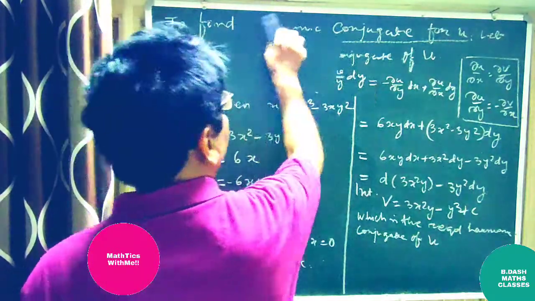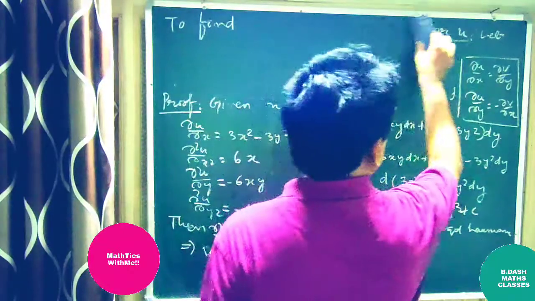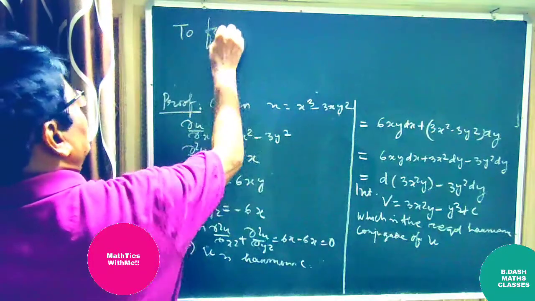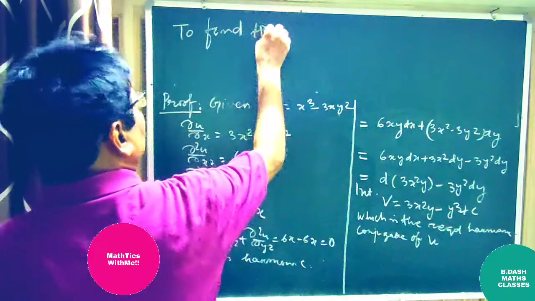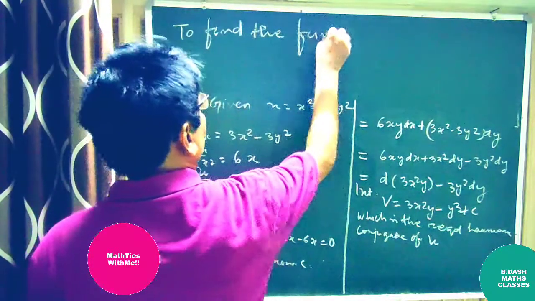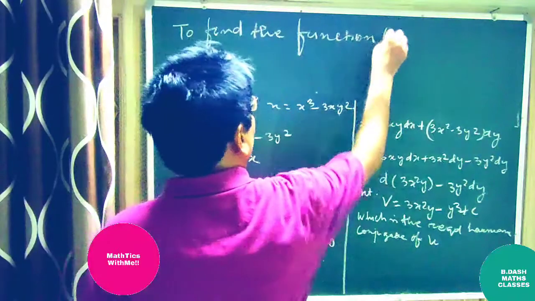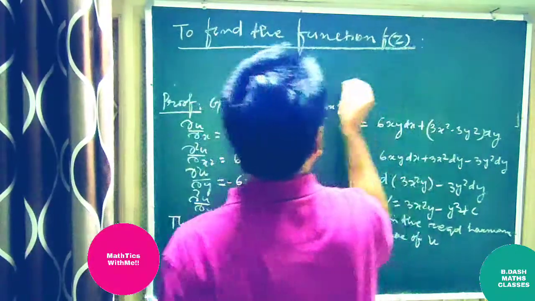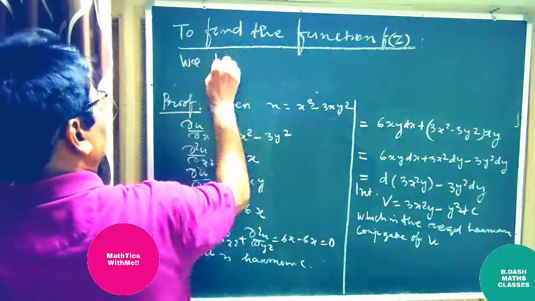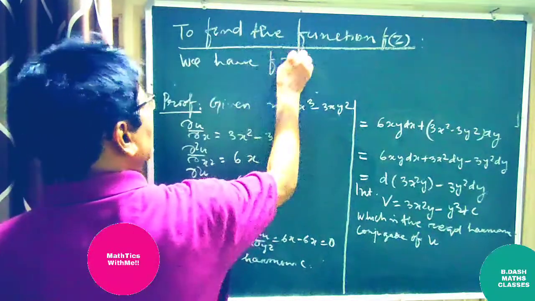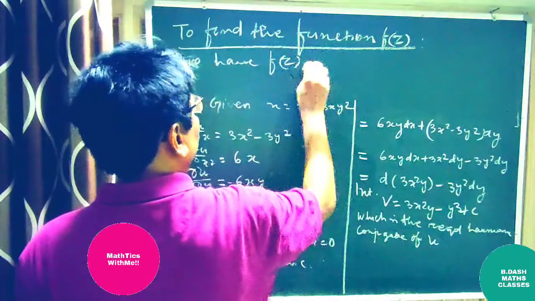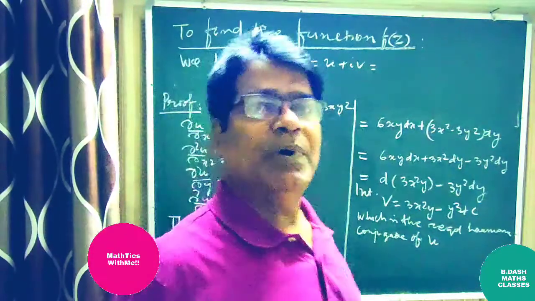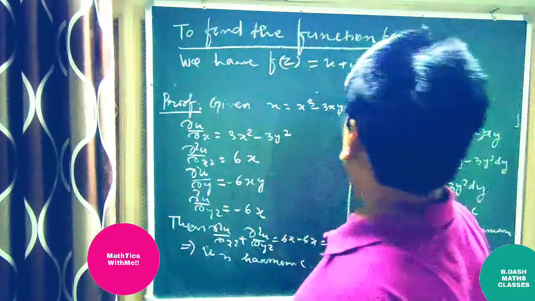Now to find the function f of z, we have f of z is equal to u plus iv.